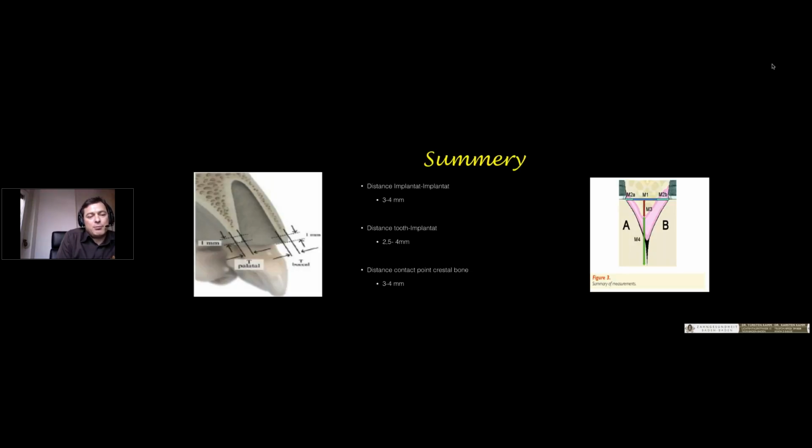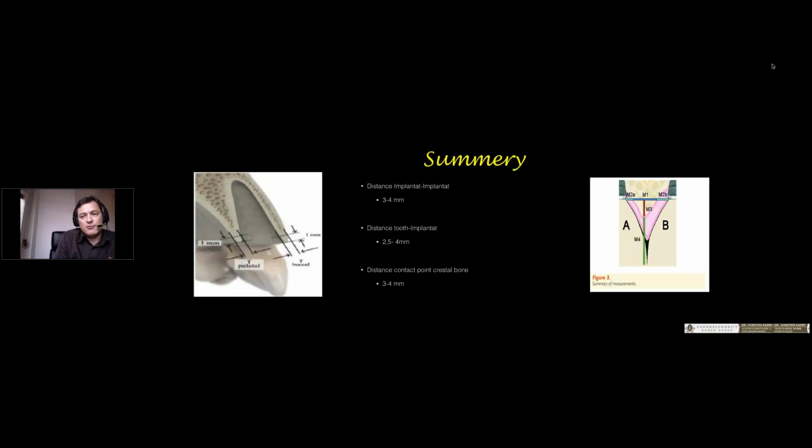In my practice, at the second stage surgery, or after implantation, I measure the distance between the soft tissue and the bone, because it's very important for the laboratory when making the final crowns that your contact point has to be between 3 up to 4 millimeters above the bone, not above the soft tissue, above the bone. And the laboratory does not know where the bone is.